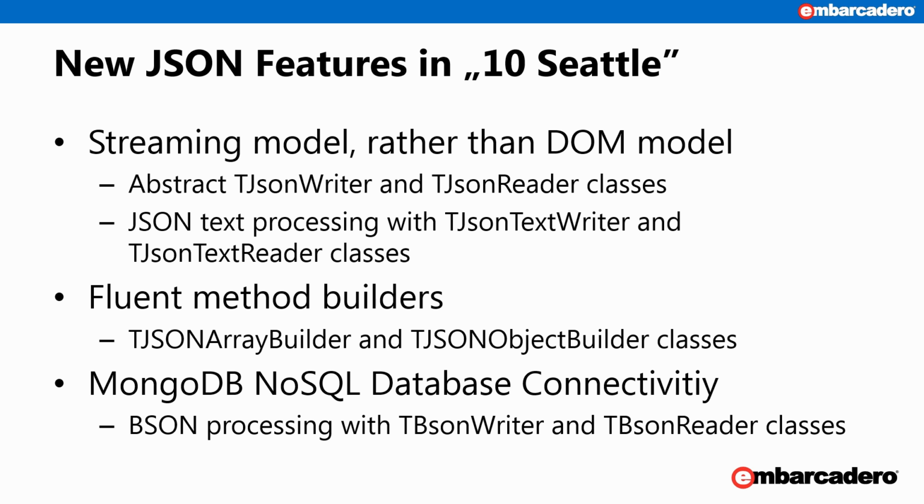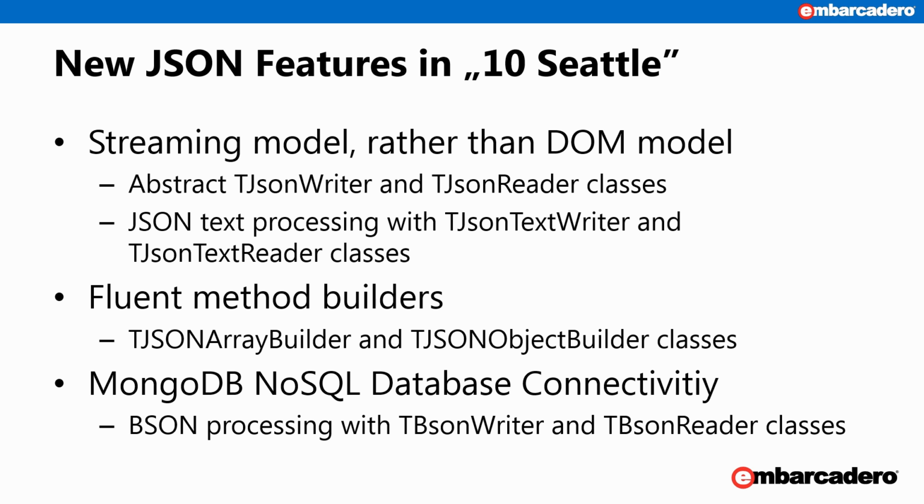There are also very interesting new builder classes, like TJsonArrayBuilder or TJsonObjectBuilder, that make it possible to write JSON with code that is very similar and very easy to read. It resembles very much how the resulting JSON will look.